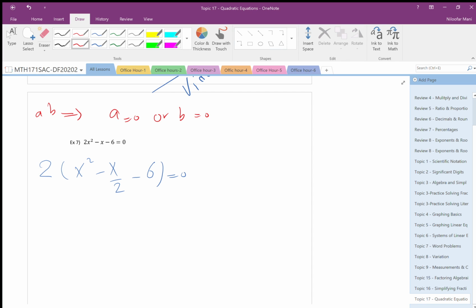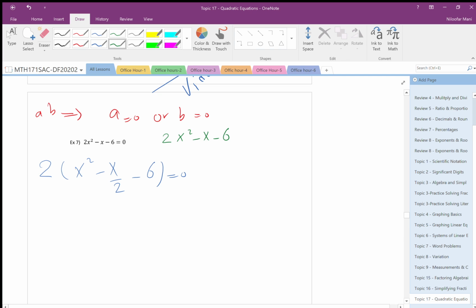But if I give you this, for example, 2x squared minus x minus 6, just this is one math expression, okay? This is not an equation. So if I see a student factor 2 and forget 2, when you factor 2 and don't consider 2, you are changing your expression, and that's wrong.